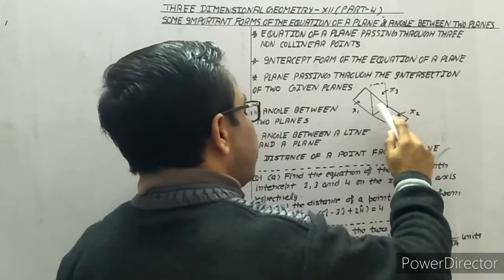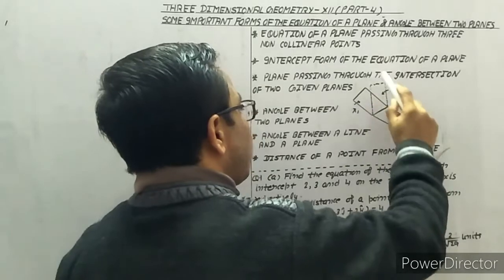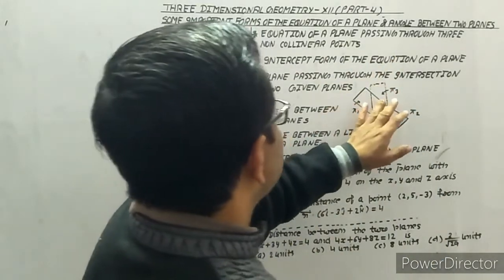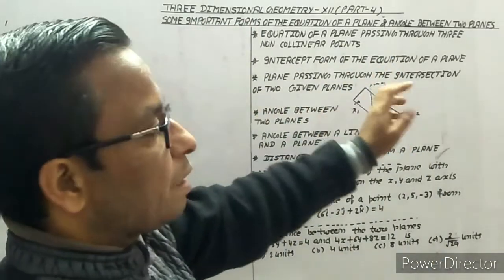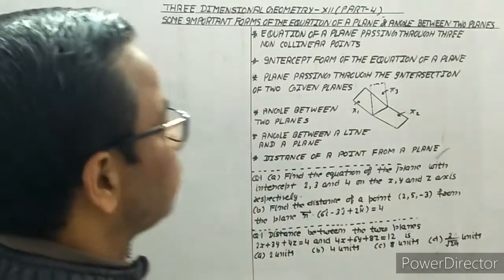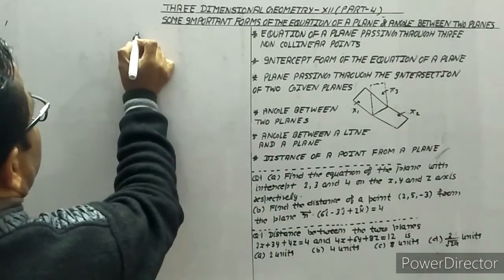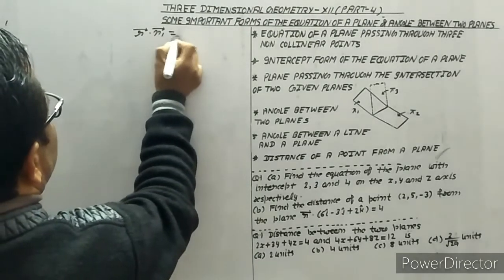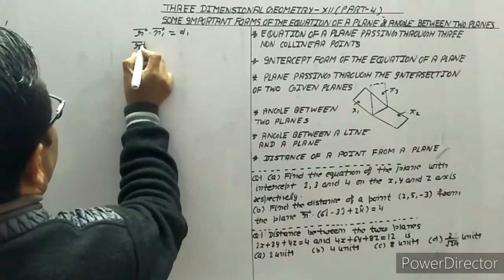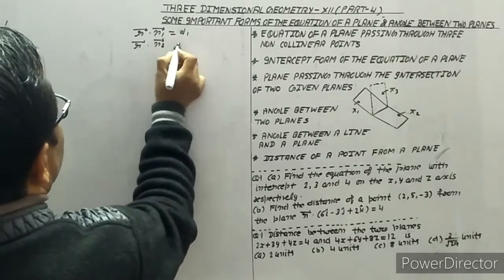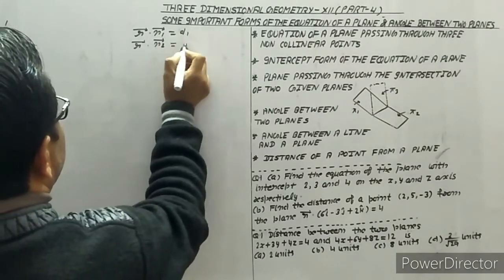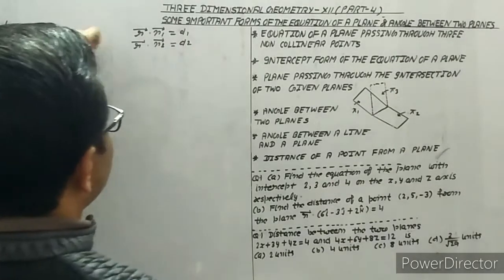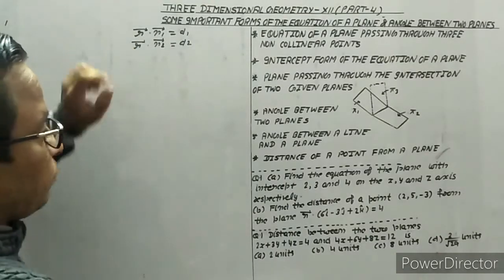From this line, there is always a formation of a new plane, which is known as the plane passing through the intersection of two given planes. So let us consider we have the equations of two planes, vector R dot vector n1 equals d1 and vector R dot vector n2 equals d2. This is the normal form of the equation of a plane.